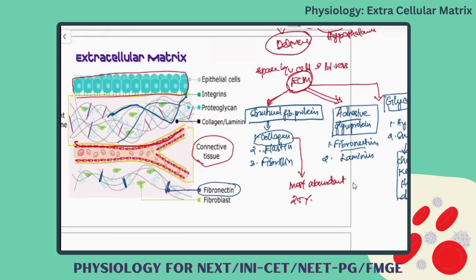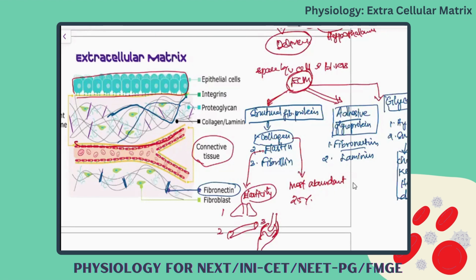Next is elastin, which provides elasticity, as we explained already. What are the organs where we need the elastic function? In the lungs, in the blood vessels, and in the ligaments between the joints, which hold the bones together. So in these three places, elastin has a major role.